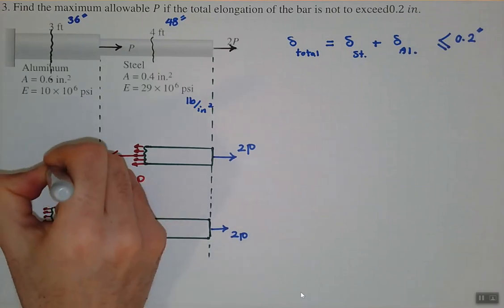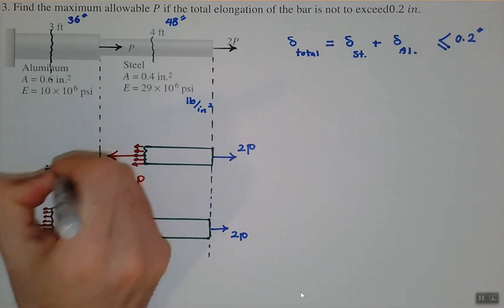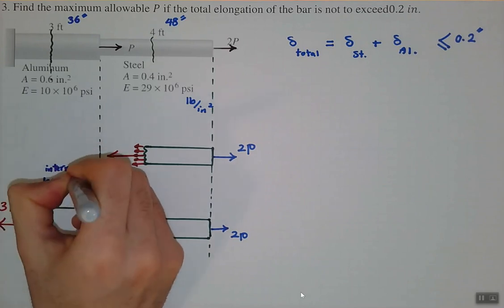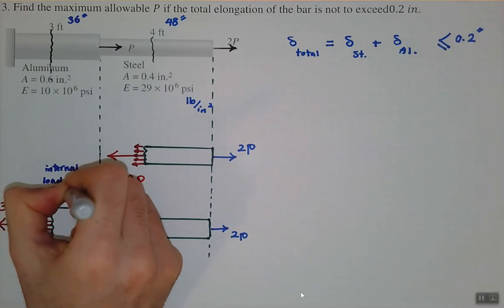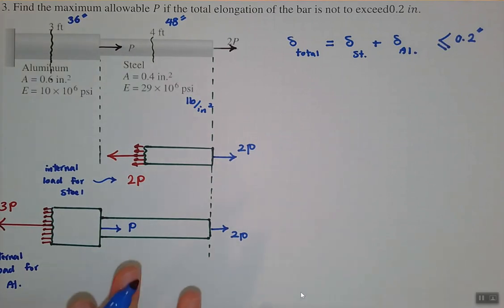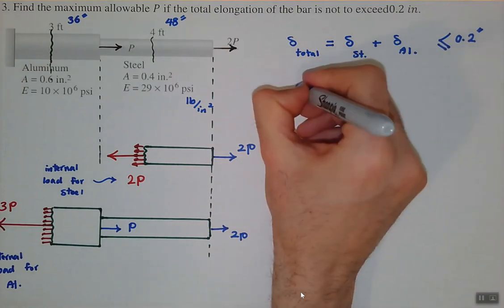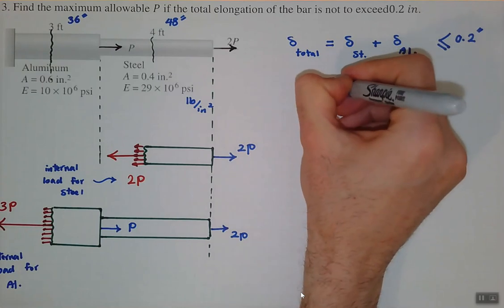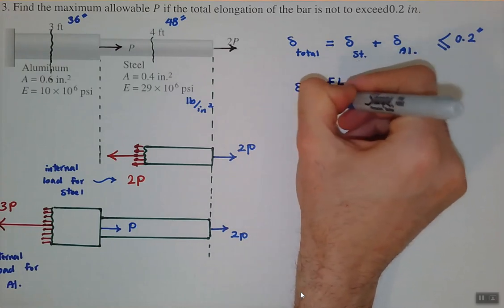So internal load for steel, and this one is the internal load for aluminum. So if we do this portion correctly, the rest is just plugging in the numbers and we simply find the answer. So we have the general formula for delta, which is FL over AE.